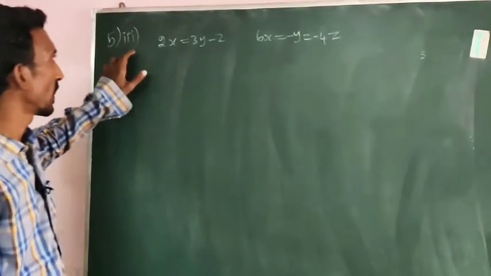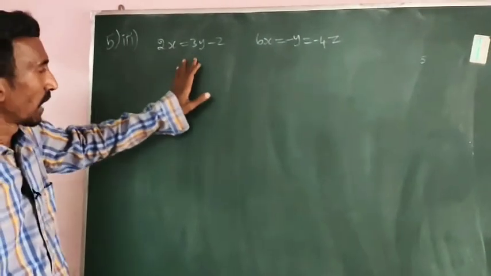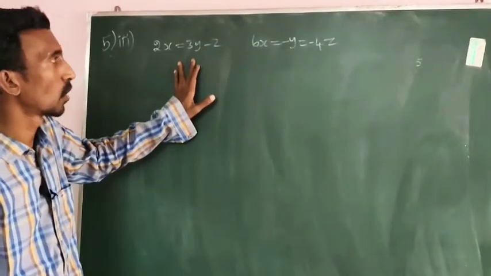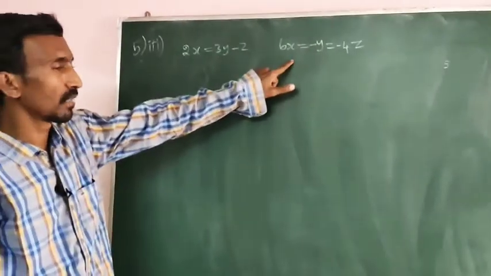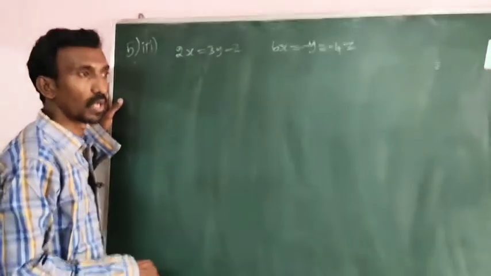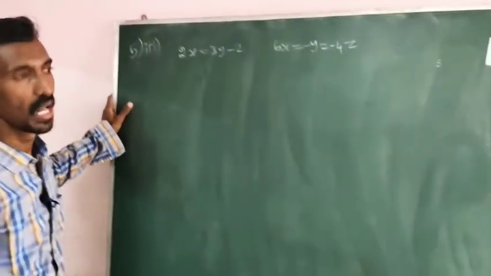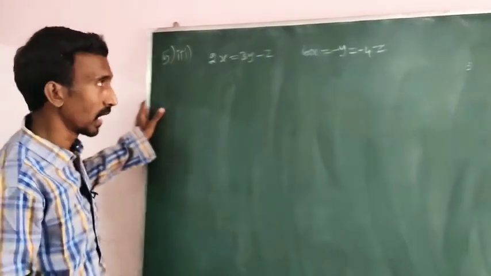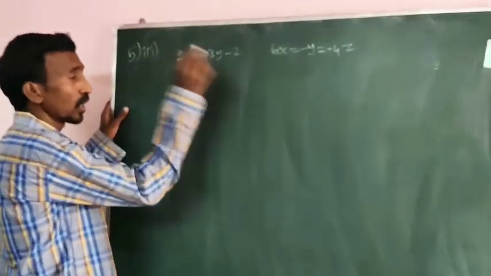Same fifth question, third subdivision. Again our aim is to find out the angle between the two lines. Both are in the Cartesian form, but not in the general form x minus x1 by b1 equal to y minus y1 by b2 equal to z minus z1 by b3. So first convert this into that form.